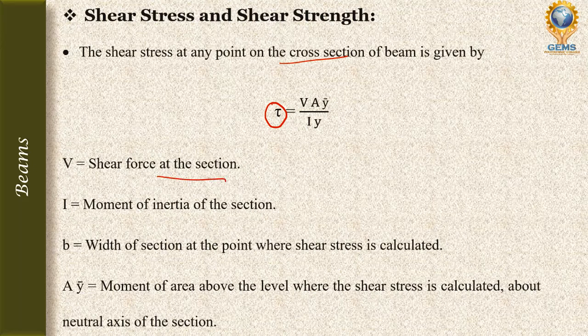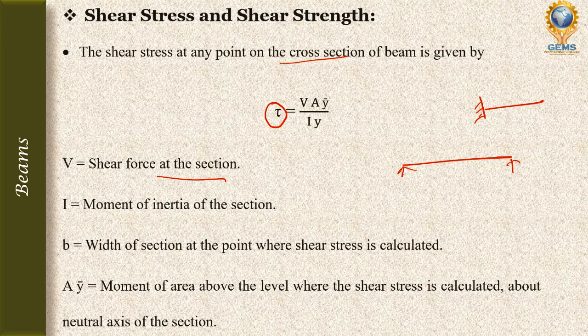So how will we find the shear force at the section? Depending on whether the beam is a simply supported beam or a cantilever beam, we will have a different shear force formula. I is the moment of inertia of the section, and A y bar is the moment of area about the level where the shear stress is calculated.